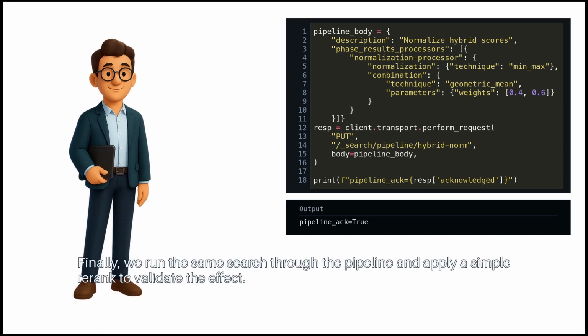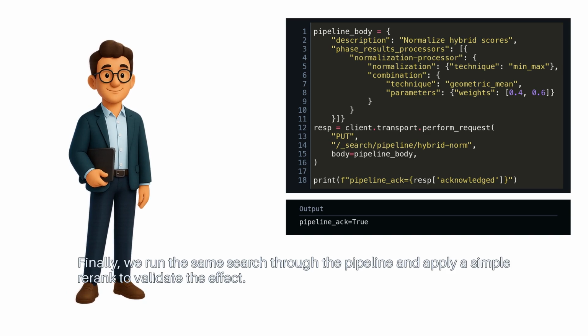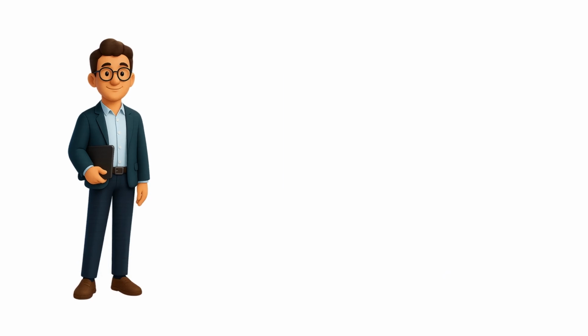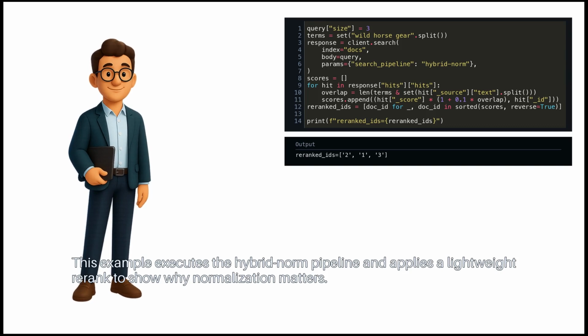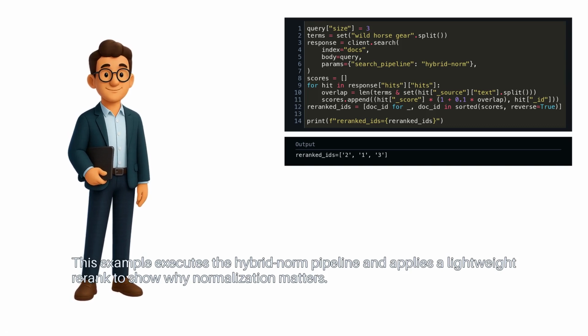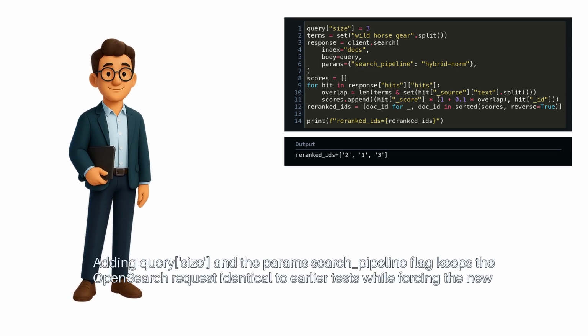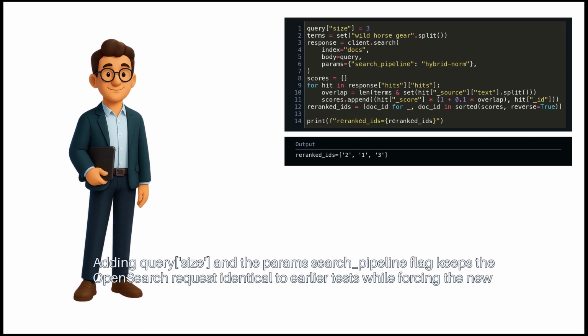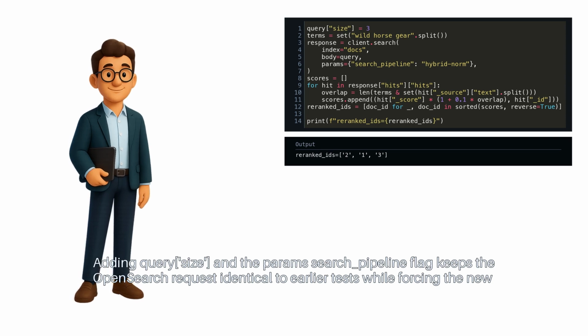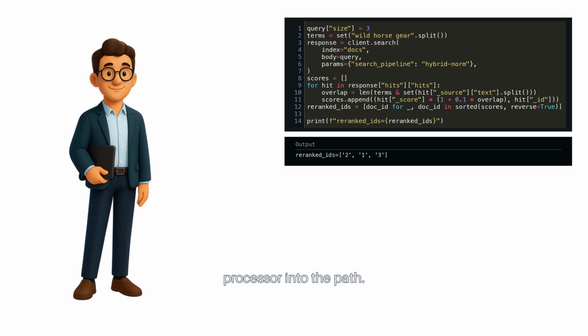Finally, we run the same search through the pipeline and apply a simple rerank to validate the effect. This example executes the hybrid norm pipeline and applies a lightweight rerank to show why normalization matters. Adding query size and the params search pipeline flag keeps the OpenSearch request identical to earlier tests, while forcing the new processor into the path.